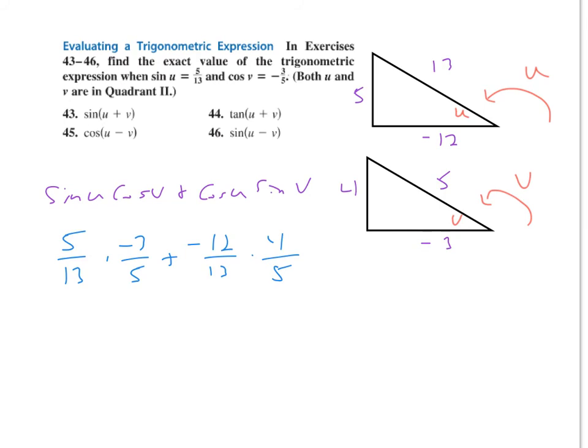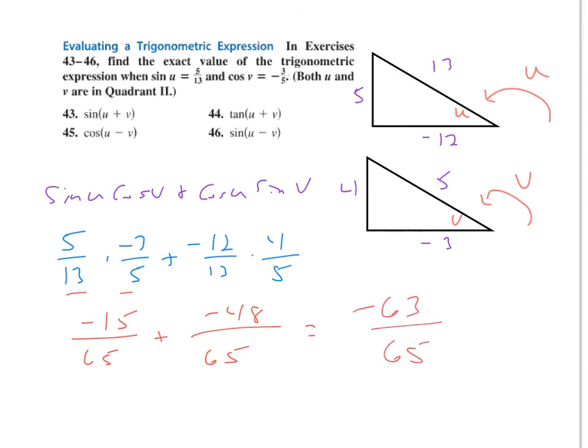If I multiply these out, on the bottom I get 13 times 5, which is 65. Up top, I got 5 times negative 3, which is negative 15. Plus, on the bottom, again I have 65. Up top, I got negative 48. Well, negative 15 plus negative 48 is negative 63 over 65. And there is my sine of u plus v.